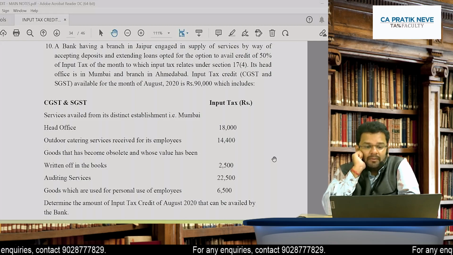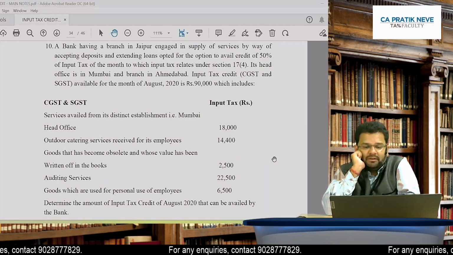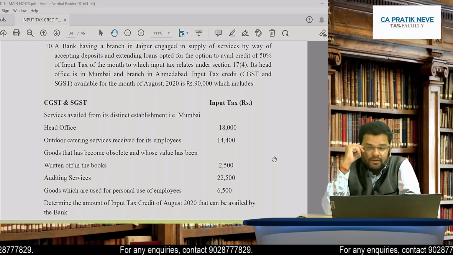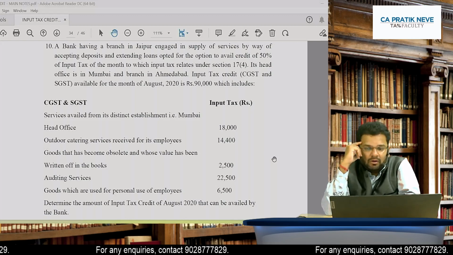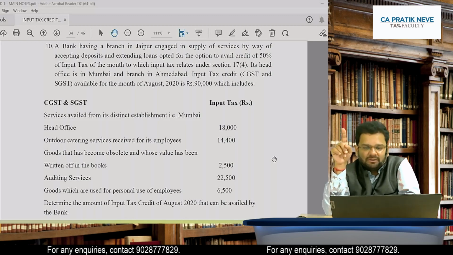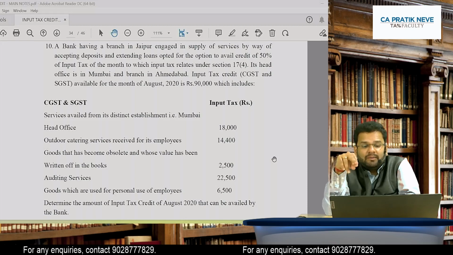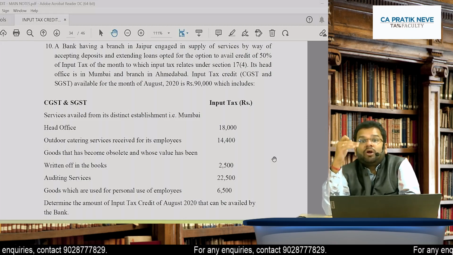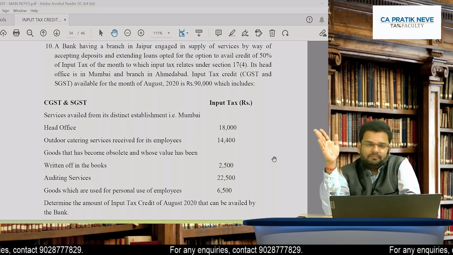You cannot claim on goods that have become obsolete and whose value has been written off. You cannot claim on auditing services. You can claim on auditing services, but you cannot claim on goods which are used for personal use. So where you cannot claim, you keep it aside.